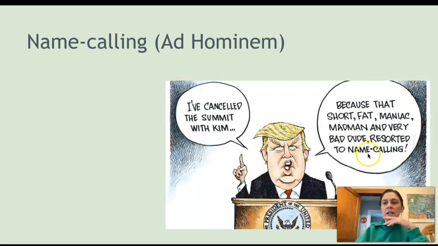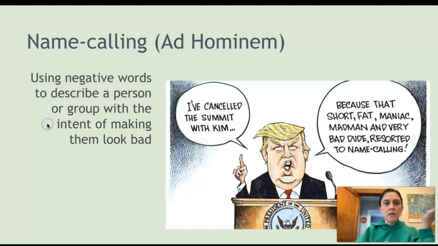So here what he's doing is he's calling Kim Jong-un all sorts of really, really nasty things. Literally, it's a schoolyard bully technique, name calling. So what you do is you use negative words to describe a person or a group with the intention of making them look bad.